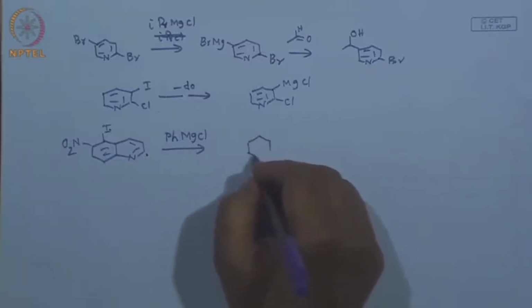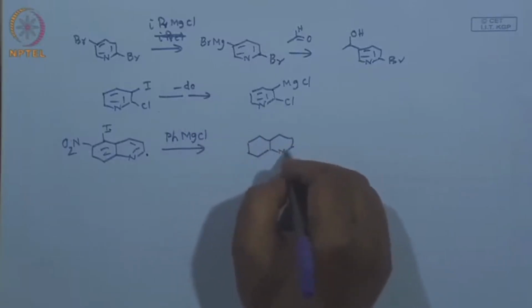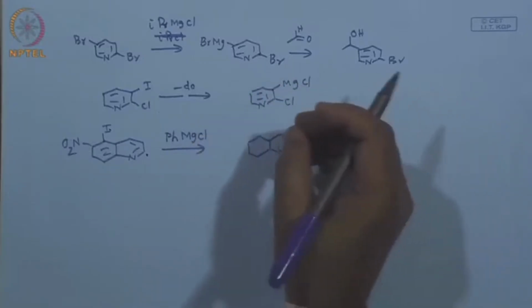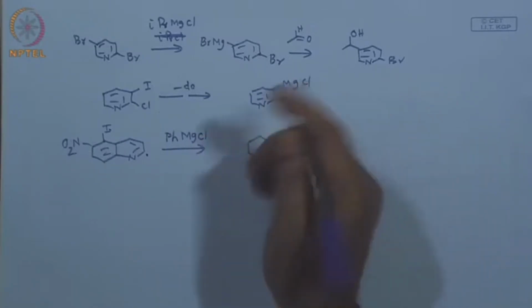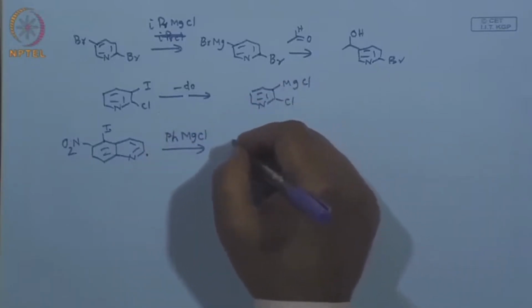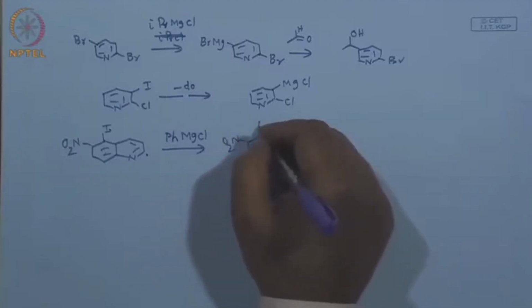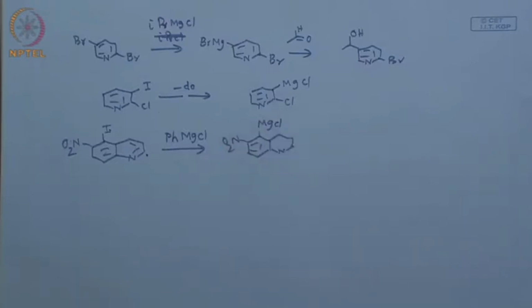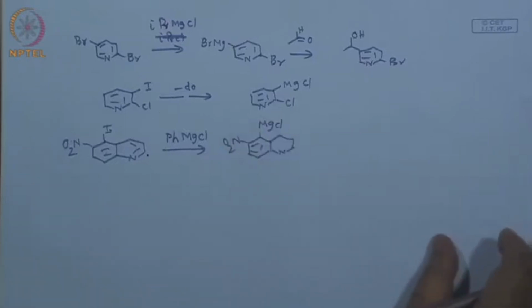The other possibility is halogen exchange. It depends on the reactivity of the organo-Grignard. If the Grignard is pretty reactive, then it is likely that you can get this halogen exchange done.